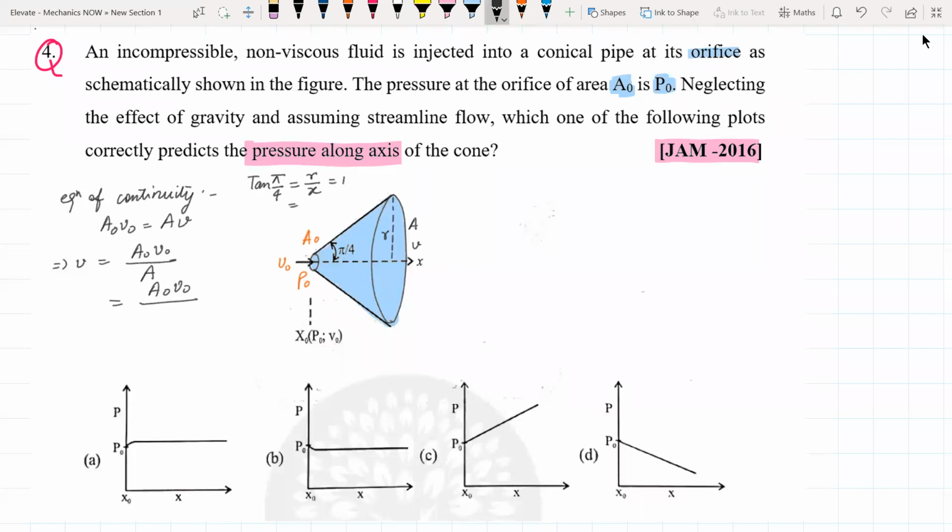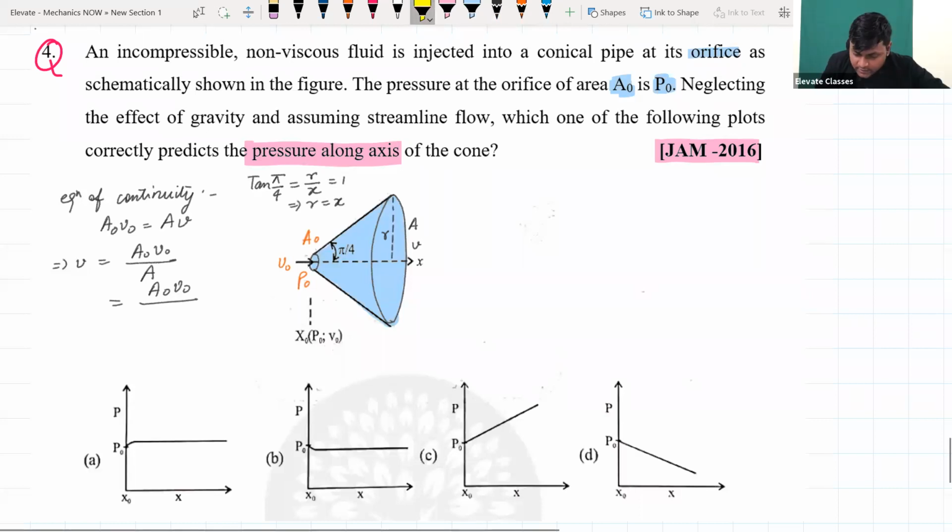So therefore R is equal to X. If R is equal to X, then A is pi R square, and V is equal to A naught V naught upon pi X square. So I essentially came up with a relationship of velocity from the continuity equation.